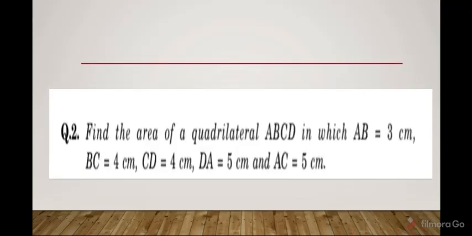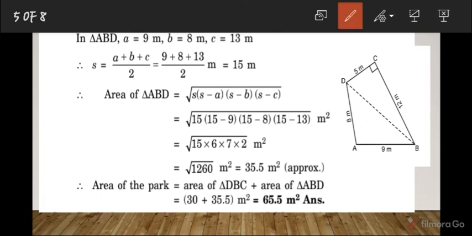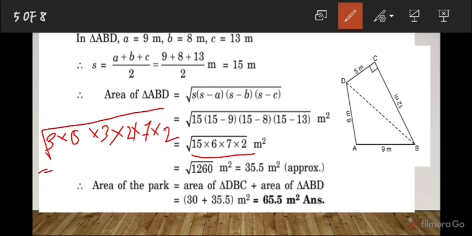Similarly, for the first question, as you can see, I told you when you are simplifying this expression, it will be 3 into 5 into 3 into 2 into 7 into 2. If you simplify it, you will get 3 into 2 into 21. Okay, sorry, not 21, it will be 35, that is 6 root 35.